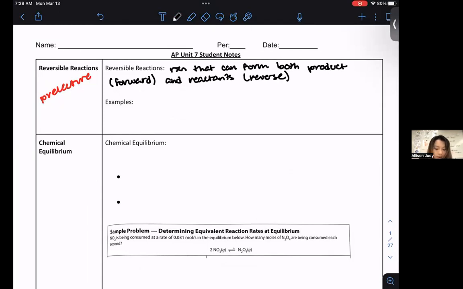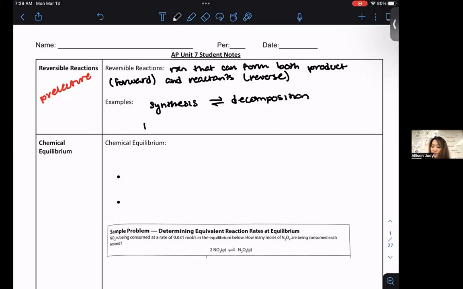All right. So a lot of reactions can be reversible. One of the best examples of reversible reactions are actually a synthesis and decomposition coupled reaction. So one direction we would call synthesis, the forward, the undoing of it we call decomposition, right?